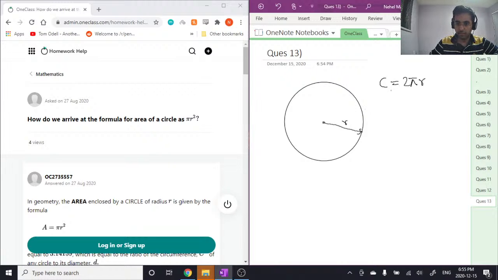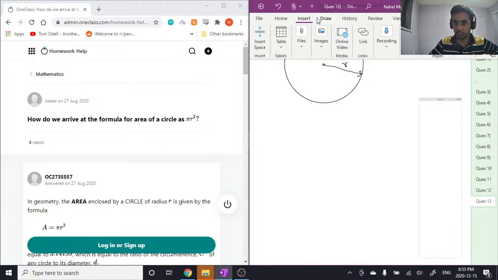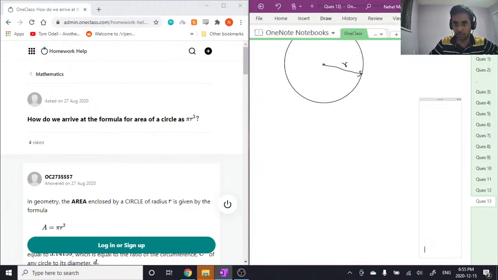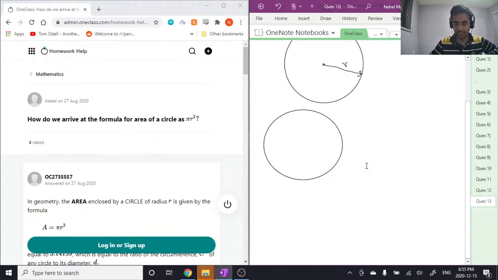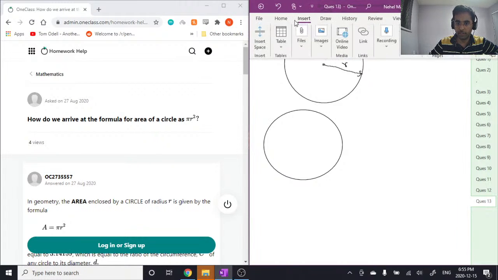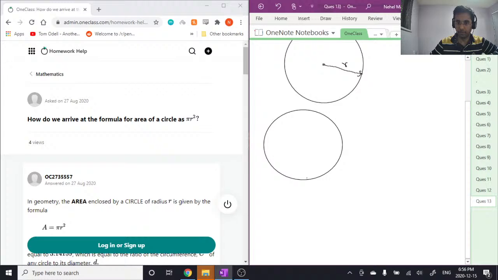So the simplest way of doing this question is actually to divide this circle into a bunch of segments and then look at it as a rectangle. This is the same circle as drawn above. What I'm going to do is think of this as a bunch of segments.